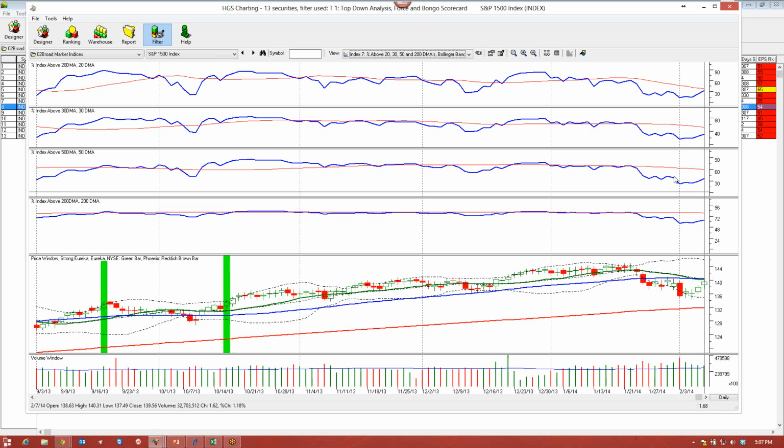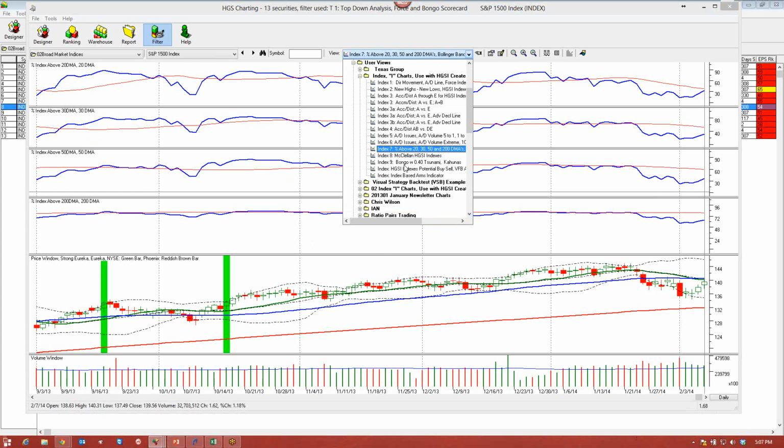Last week I pointed out that we were getting to the point where the depth of these indices below their moving averages were getting to the points that we haven't seen going back for a while, and that might be evidence that we can do a reversal. And we've seen it, and you can see the percent index above their moving average are getting closer to their moving average in the short term, the first. So perhaps we've still got more evidence of an improving marketplace.